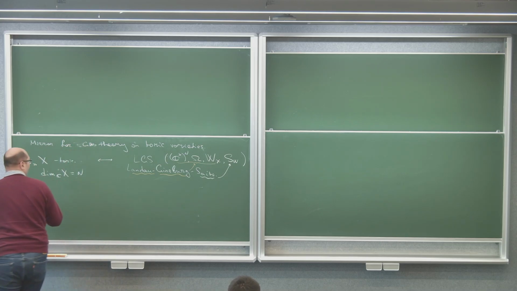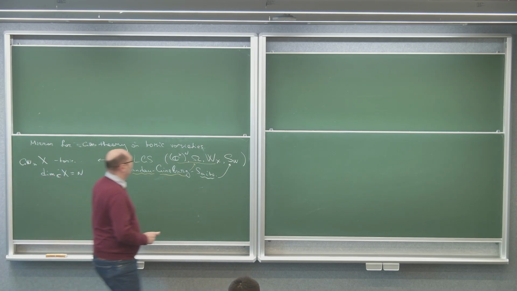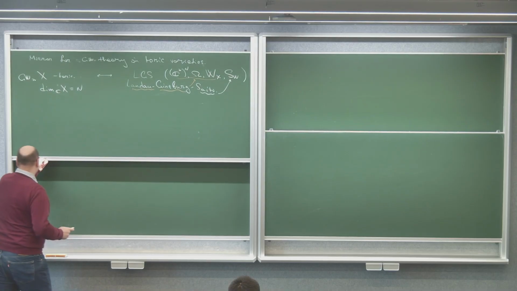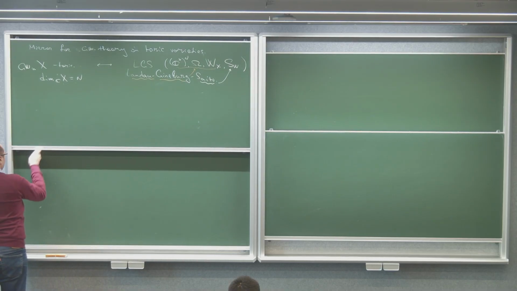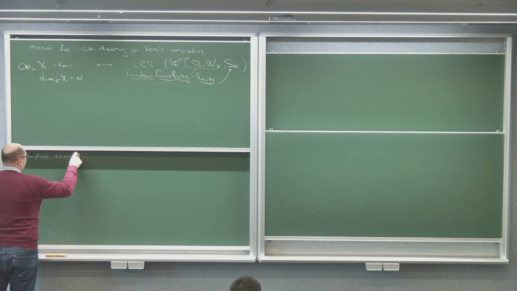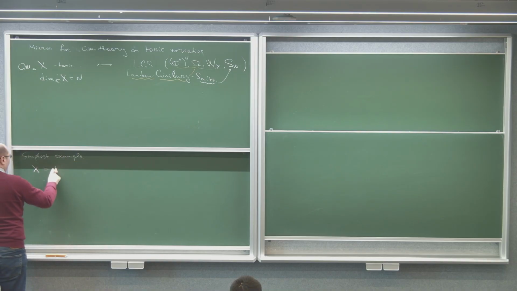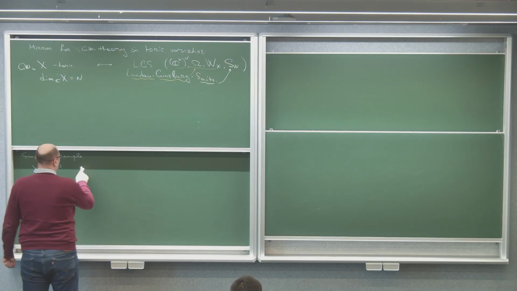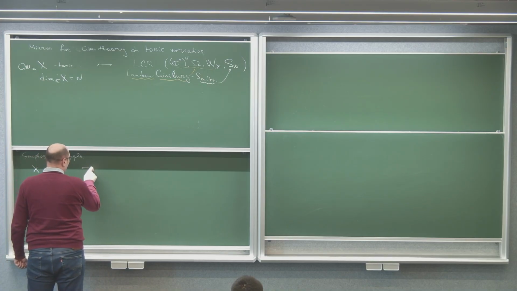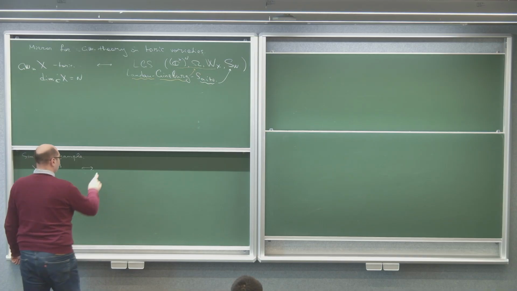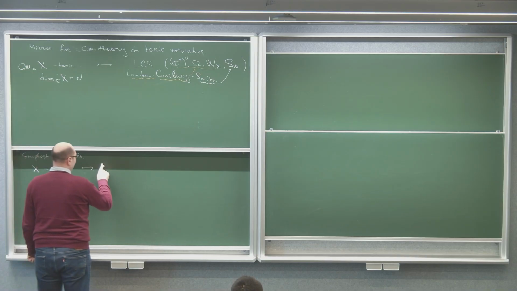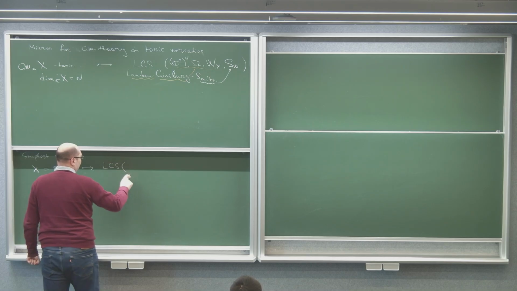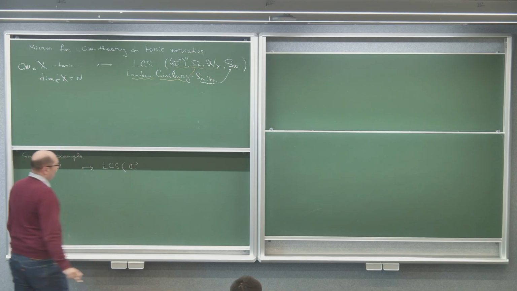So our simplest example is X equals P1, and the corresponding Landau-Ginzburg model, with capital N equals 1, has space C star.